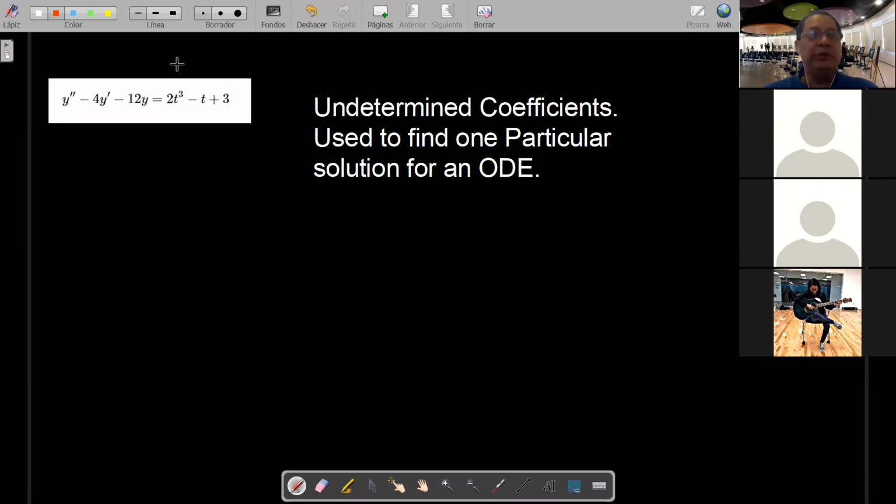Because in this equation, whatever y of t is, that's the solution, you have to take the first derivative of that y, take the second derivative of that y, multiply 4 times the first derivative and subtract it from the second derivative, and to that result you have to subtract 12 times your y function.